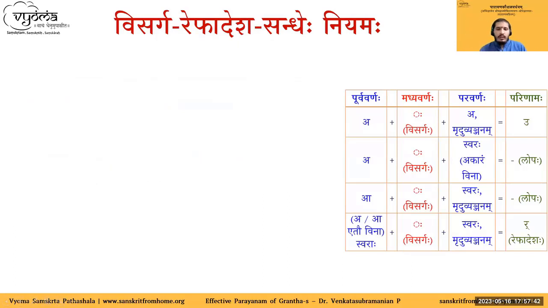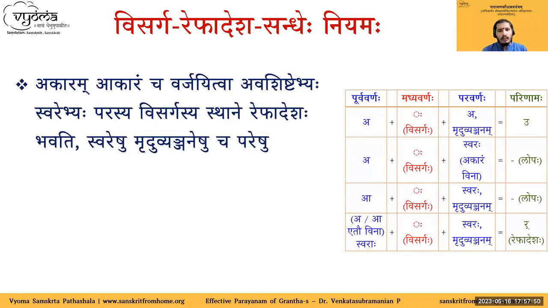Next, Visarga Rebhadesha sandhi. So what occurs in Visarga Rebhadesha? Akaram akarancha vajjayitva avashishtebhyah swarebhyah parasya visargasya thane रेफादेशः भवति तदा स्वरेषु मृदुव्यञ्जनेषु परेषु.